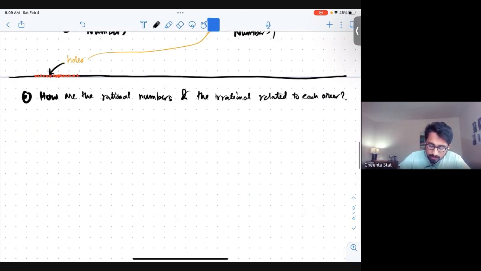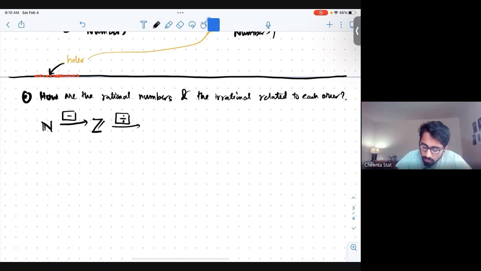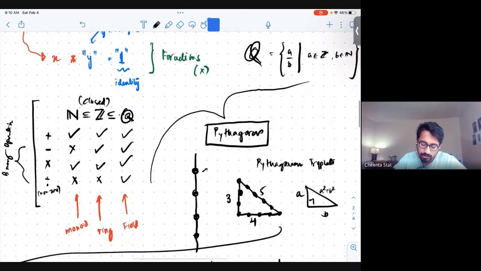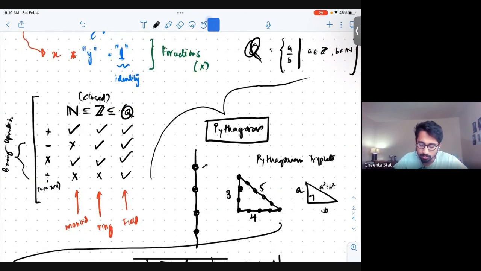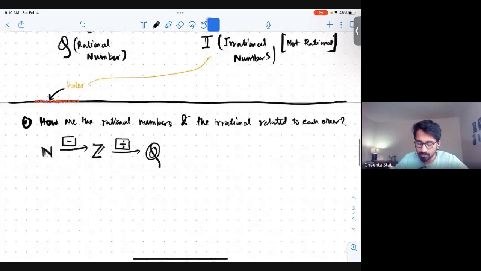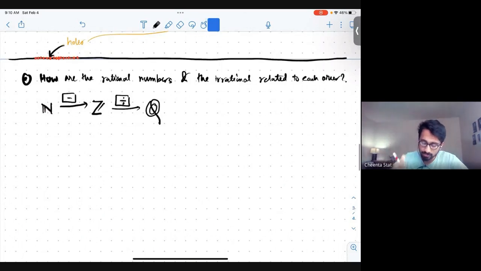So understand that from natural numbers we got the idea of zero, and we got the idea of negation, negative numbers, subtraction to go to Z, and from Z we got the idea of division to go to Q. See, multiplication and addition were mostly there in all of them, but subtraction and division make the difference. That's why the inverse operation made the difference.